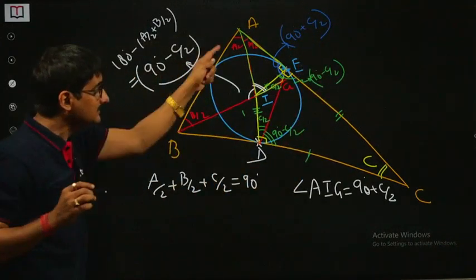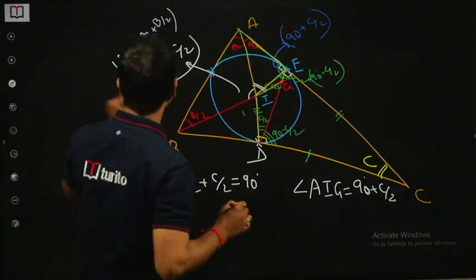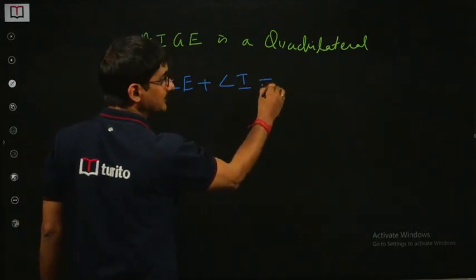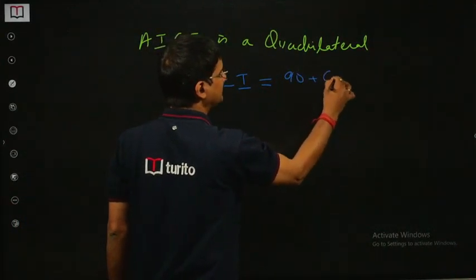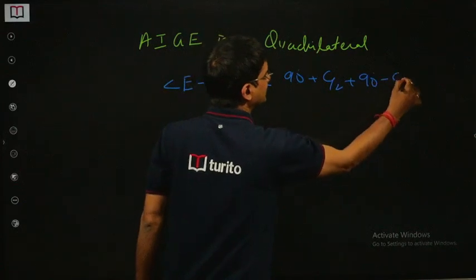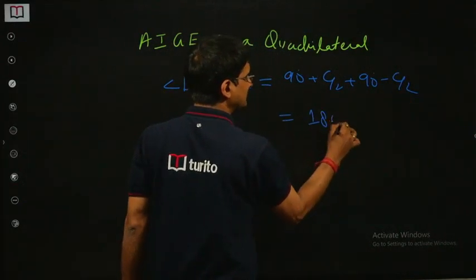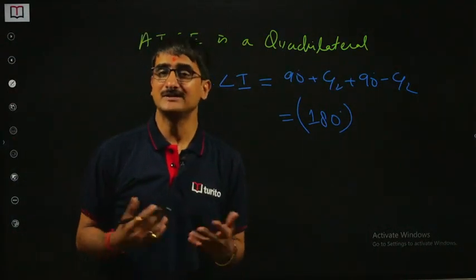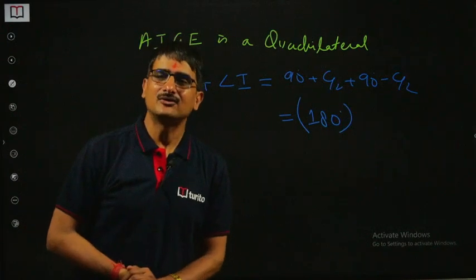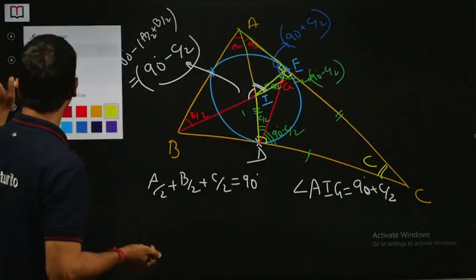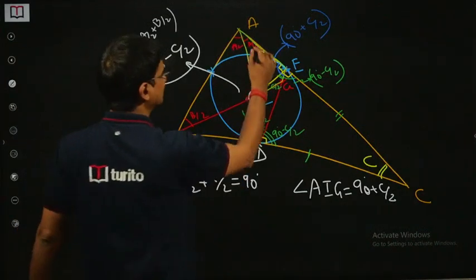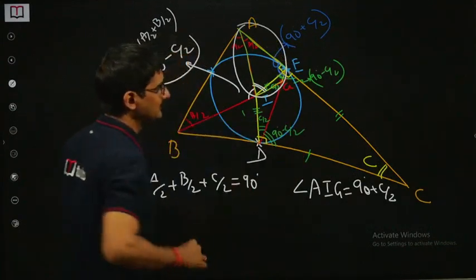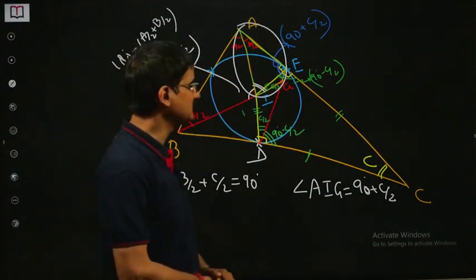So in this quadrilateral AIGE, angle E plus angle I is 90 plus C by 2 plus 90 minus C by 2, so it's 180 degrees. That means the sum of opposite angles in the quadrilateral is 180 degrees, so it is a cyclic quadrilateral. So you have a circle passing through these vertices. It doesn't look like a circle, but it has to be a circle.